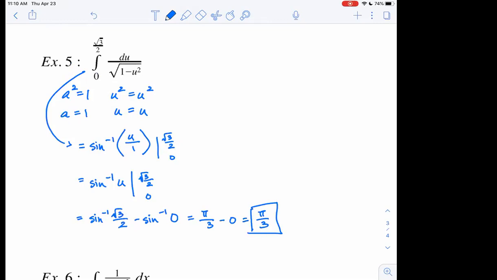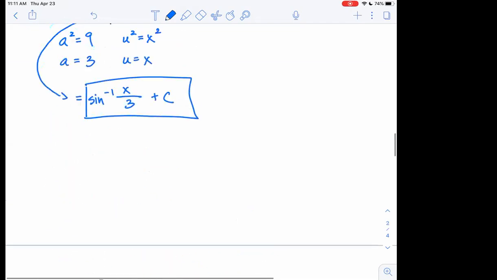I have a question about the initial steps when you go from a squared equals 1 to a equals 1. Why are we only accepting positive values of the square root? So we're taking the positive values because, let me scroll back up to the top for a moment.